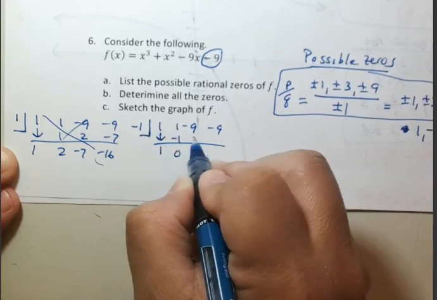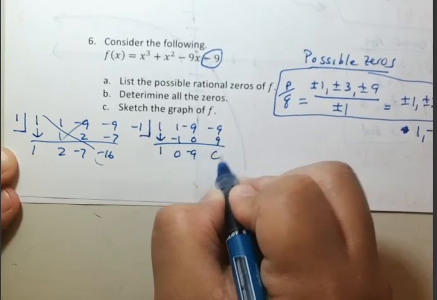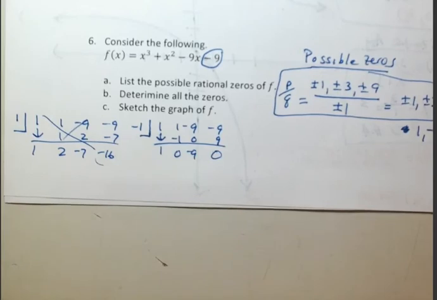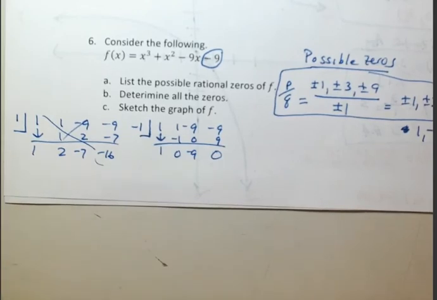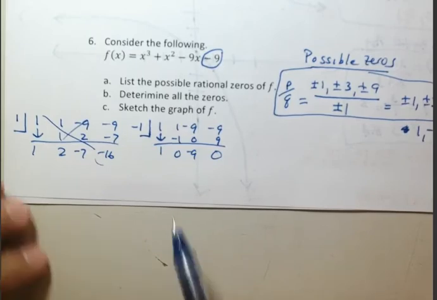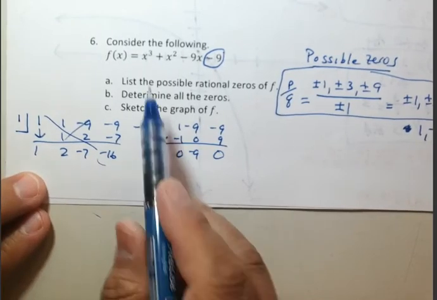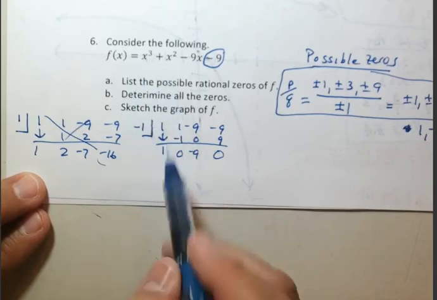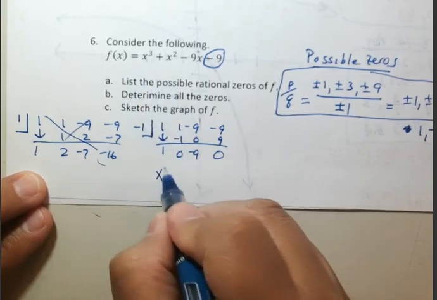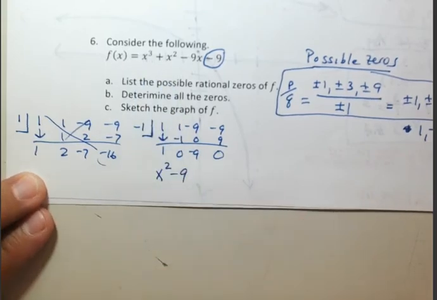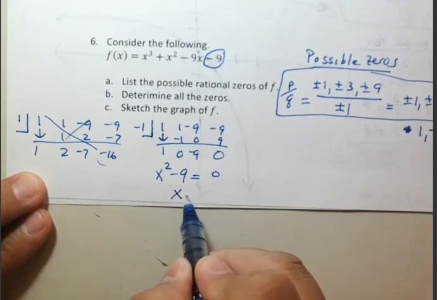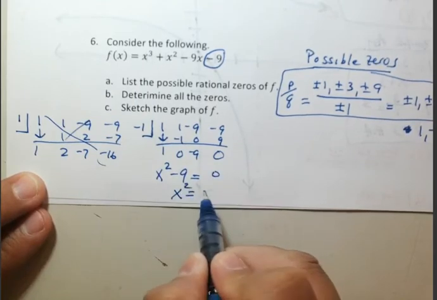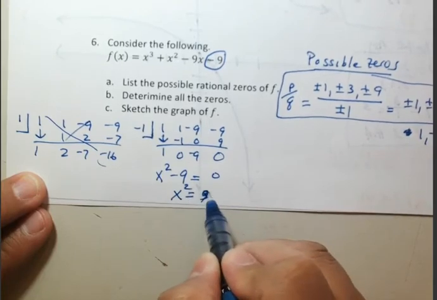Negative 1 is 0, 0, positive 9, and I get a 0. Okay, so since it has a 0, that tells me x equals negative 1 is a zero. Your quotient here, since I started with x cubed, will be x squared minus 9. So we set our quotient equal to 0. x squared is equal to 9.